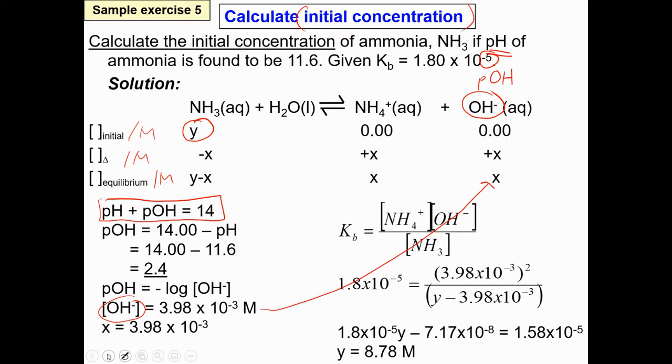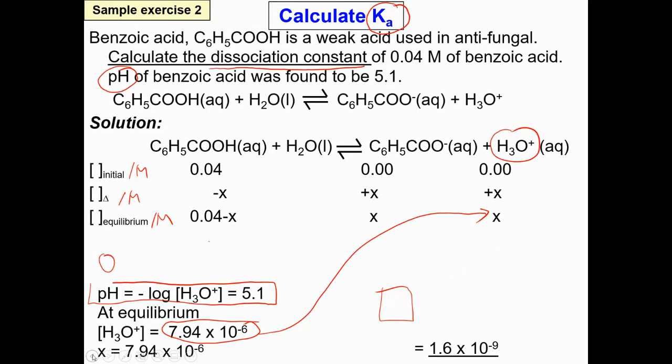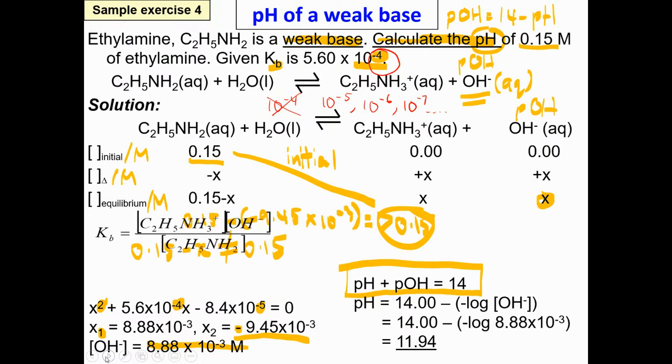Now I will highlight again what is important. So remember, if the Ka or Kb given is 10 to the power of -2, 10 to the power of -3, 10 to the power of -4, we cannot do assumption.